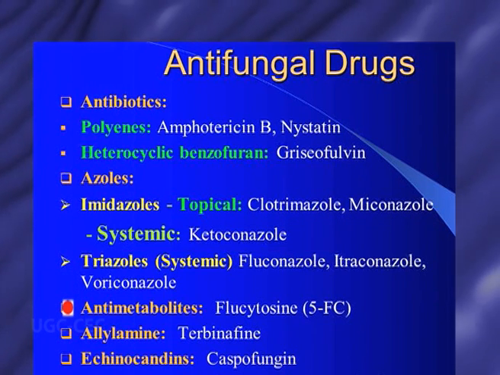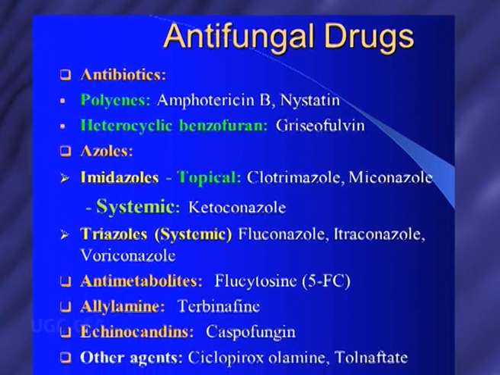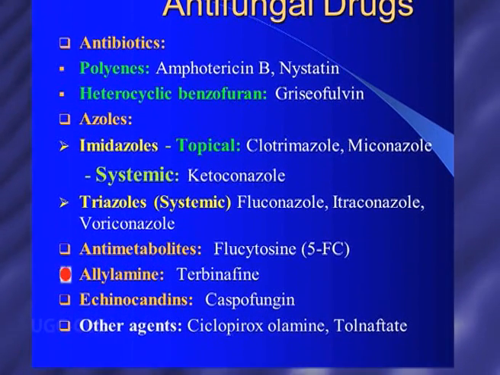Flucytosine is an antimetabolite antifungal and terbinafine is an example of the allylamine group of antifungals. Echinocandins include caspofungin, anidulafungin, micafungin, etc. Other agents are also there like tolnaftate or ciclopirox olamine.